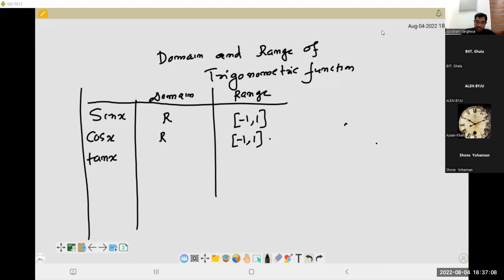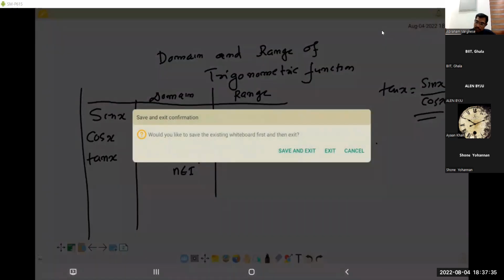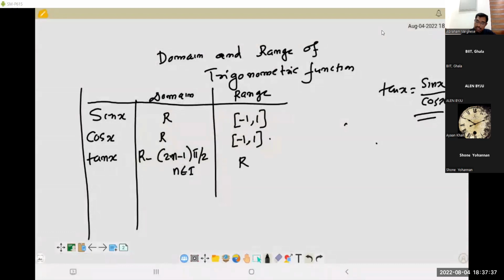The domain will be, look here, tan x is equal to sin x by cos x. So wherever cos x is equal to 0, there is a problem. So R minus (2n minus 1) pi by 2. All real numbers except odd multiples of pi by 2, where n is an integer. What is the range? Range will be real numbers.